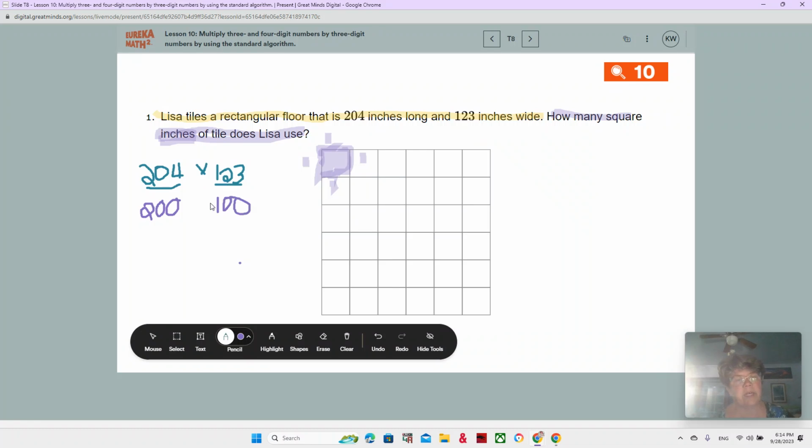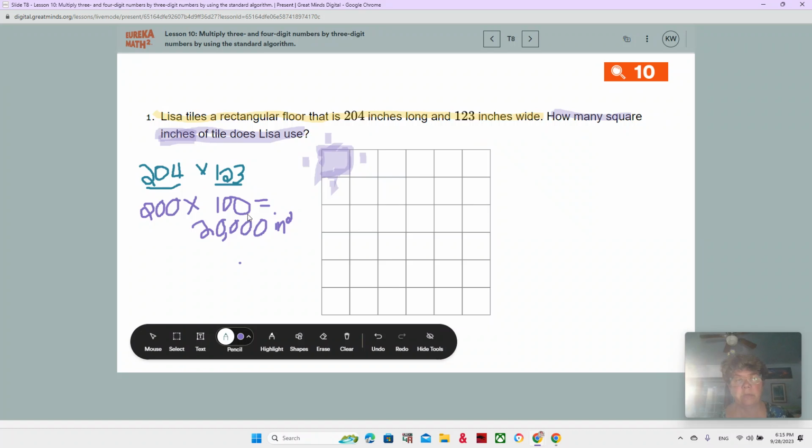That's way less than 50. So 200 times 100, 2 and 4 zeros. So we're educated guessing, we're going to have about 20,000 square inches of tile. Wow.